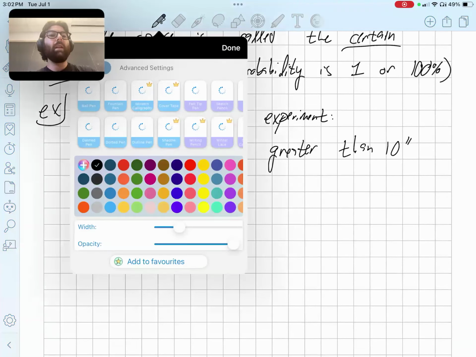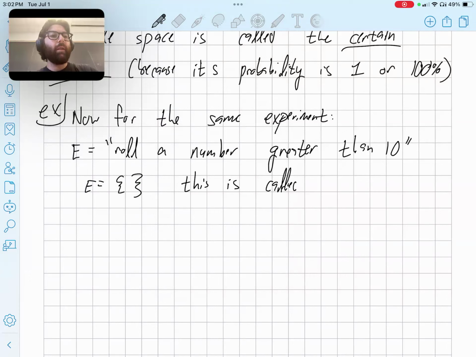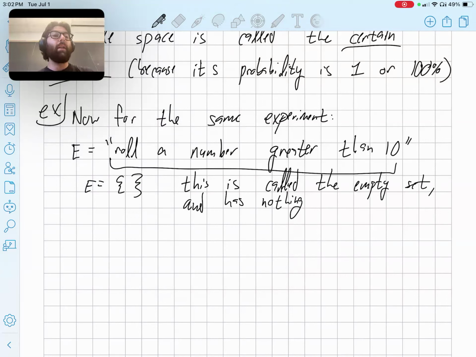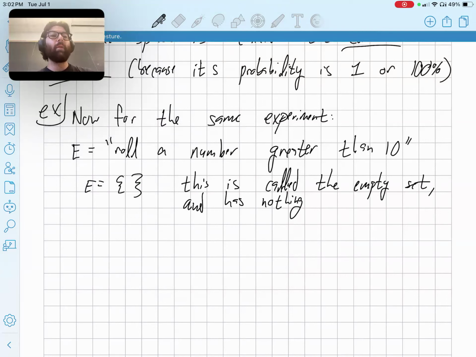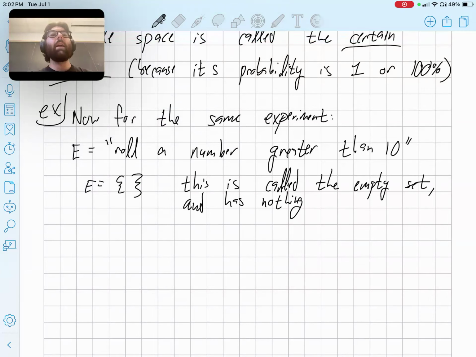And so E, this set, is called the empty set and has nothing in it, because no possible outcome in our experiment satisfies roll a number greater than 10. All of your event comes from your sample space.